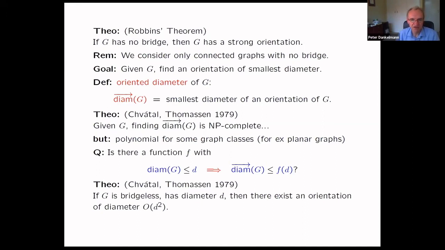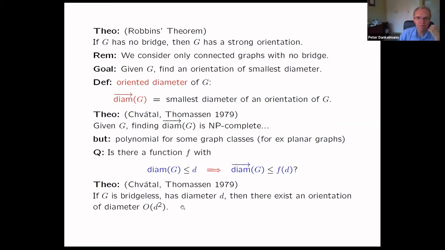So in other words, is there a function f so that every graph of diameter d has an orientation whose diameter is at most f of d? Or is it possible that I can find a graph of diameter 5 for which the smallest orientation is as big as I like: 5,000, 5 million, 100 billion, whatever.